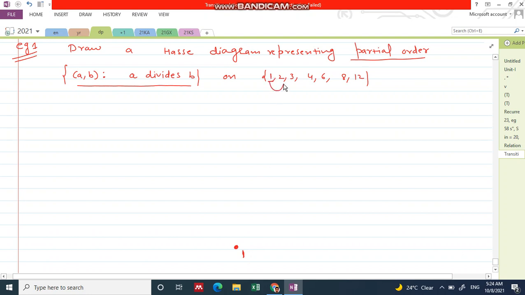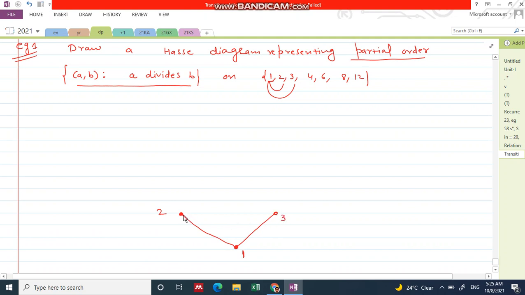Yes, 1 divides 2, so 2 is kept above in the hierarchy. These two elements are in relation: 1 is at the bottom and 2 is at the top. Now check whether 1 divides 3. Yes, 1 also divides 3, so this element comes in the hierarchy.